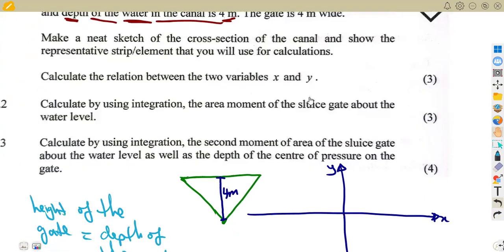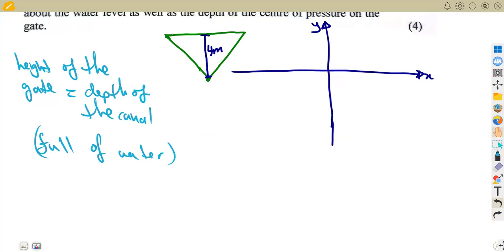It means from this point up to this point, it is 7 meters, so it is at -7. That is where the canal is ending. If you place this triangle into the canal, it is going to cover from -7, but it is not going to reach the water surface. Why?